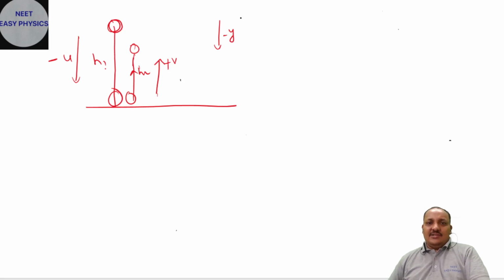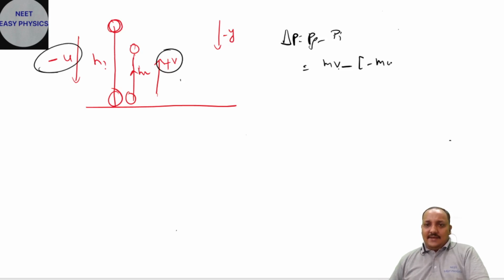Therefore what is the change in momentum? Change in momentum is final momentum minus initial momentum. The final momentum here is mv, minus the initial momentum, which is minus mu, if m is the mass of the object. Therefore, mv plus mu.